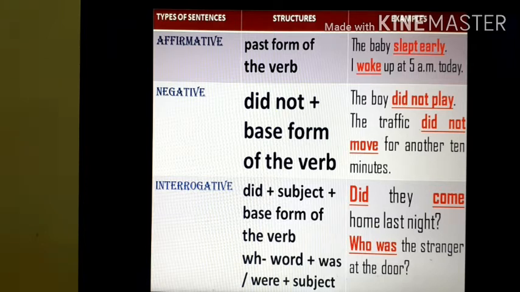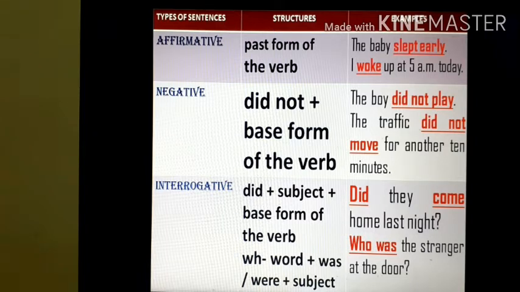Woke is the verb here. Negative, its structure is did not plus the base form of the verb. The boy did not play. Did not play. The traffic did not move for another 10 minutes. Did not move is the negative simple past tense.